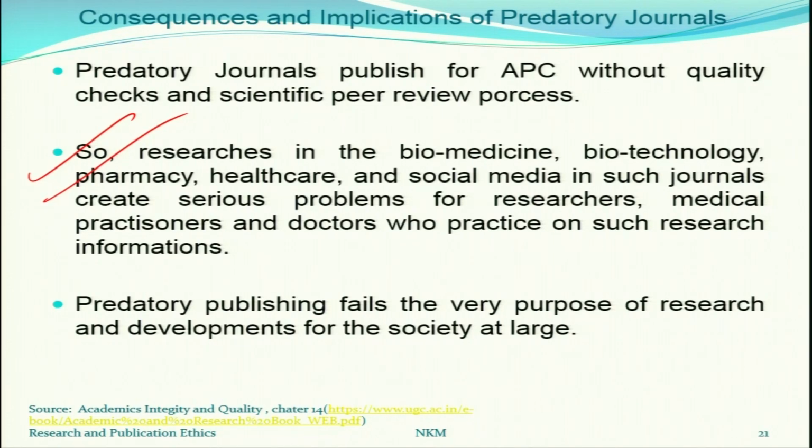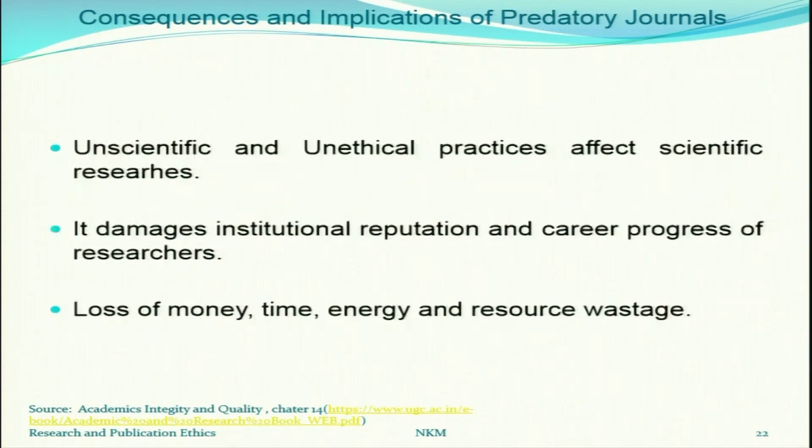It fails the very purpose of research and development for society at large, because research and development is meant to benefit society and improve its quality of life. Other consequences we can see: unscientific and unethical practices affect scientific researchers, and they damage institutional reputation and career progress of researchers.